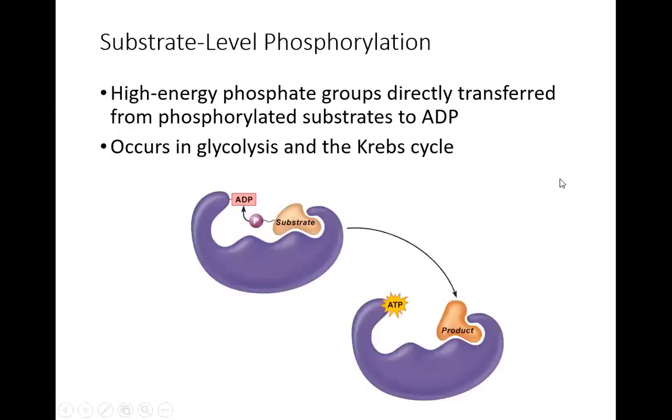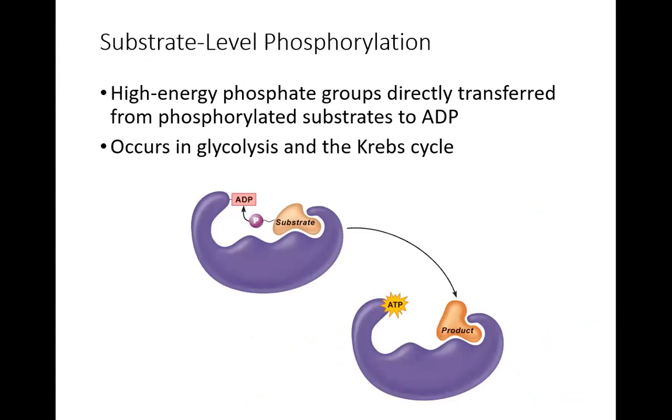Now, substrate level phosphorylation uses enzymes to transfer phosphates from one molecule to another. The phosphates contain the energy. So substrate level phosphorylation uses enzymes.